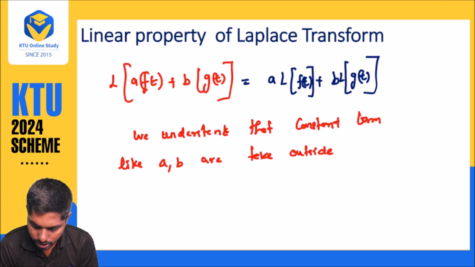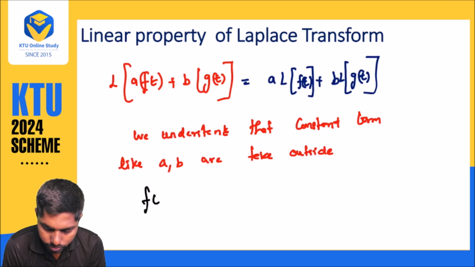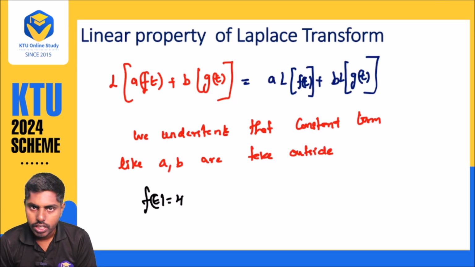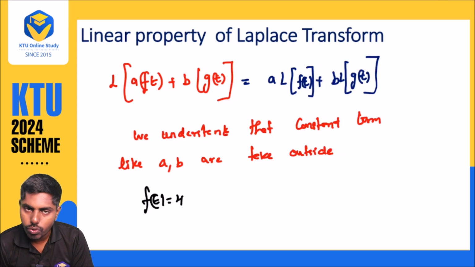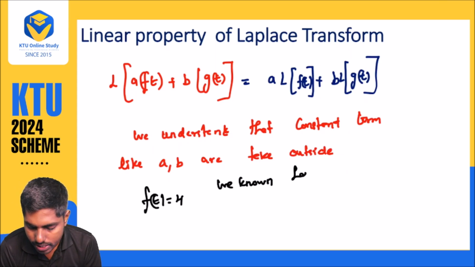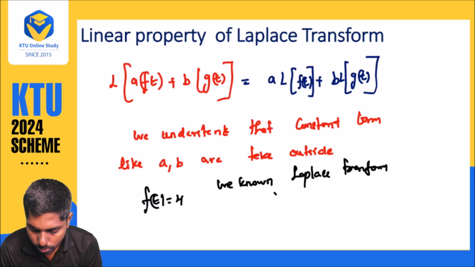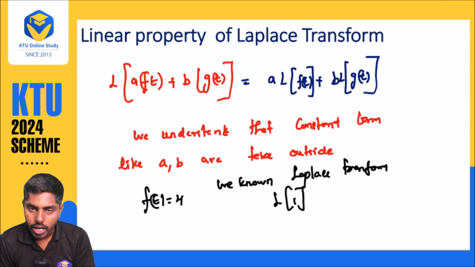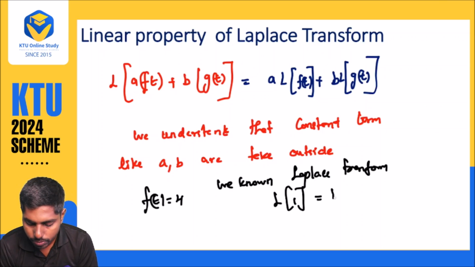For example, if f of t is equal to 4, we know 4 is a constant. But in the Laplace transform formula, we only know L of 1, which is 1 by x.